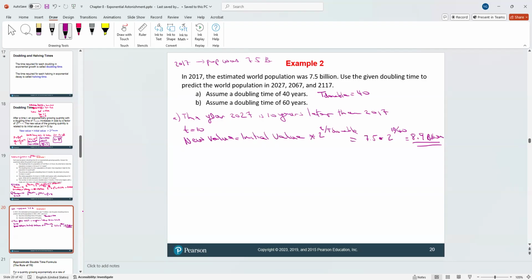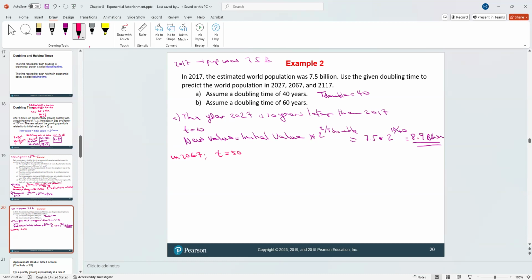So remember this is for 2027, but what if you do it for 2067? In 2067, what would be t? You can count from 2017 to 67, so small t would be 50, right?